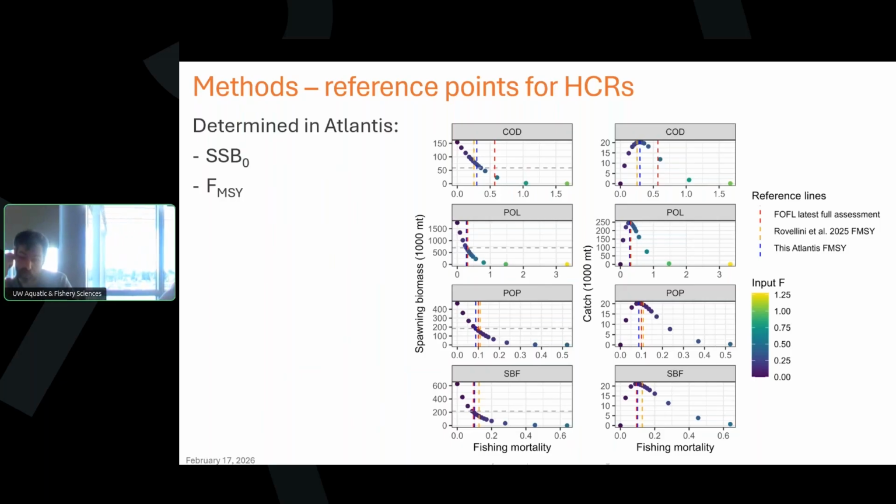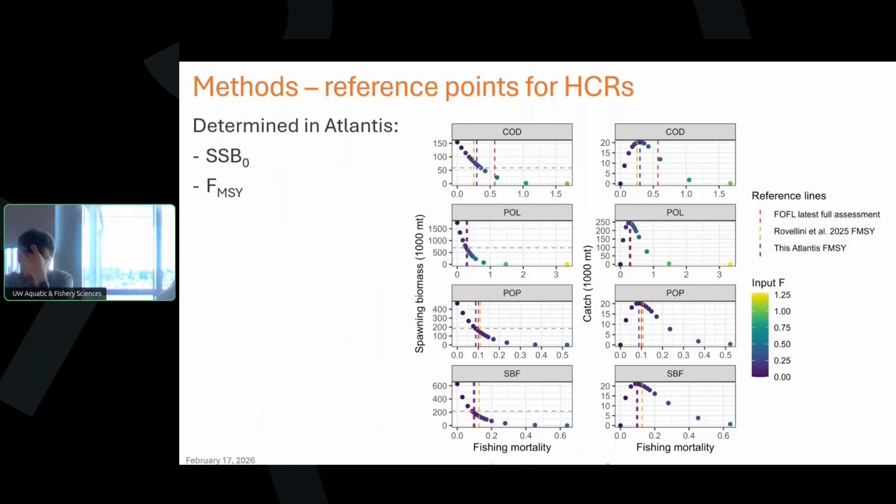So at all times, you have a whole bunch of species that have trophic interactions and that influence each other's biomass. And so we determined the internal reference points for the 4 species that are managed with the HCRs, and that's kind of what you see there.